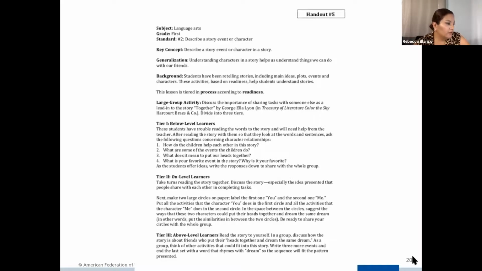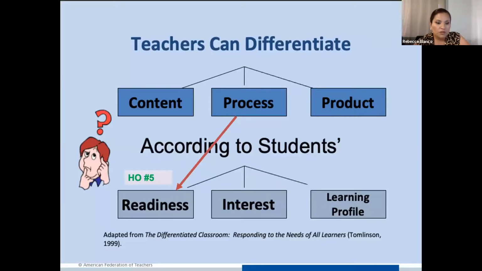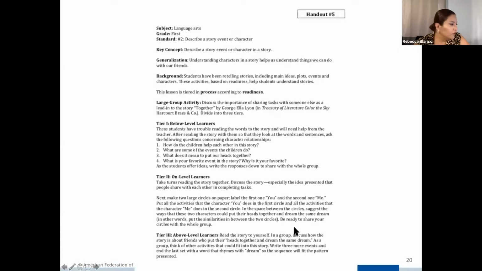Okay, for on-level learners, you're going to discuss the story, especially the idea presented that people share with each other in completing tasks. And you're going to make 2 larger circles, label the first one you, the second one me.